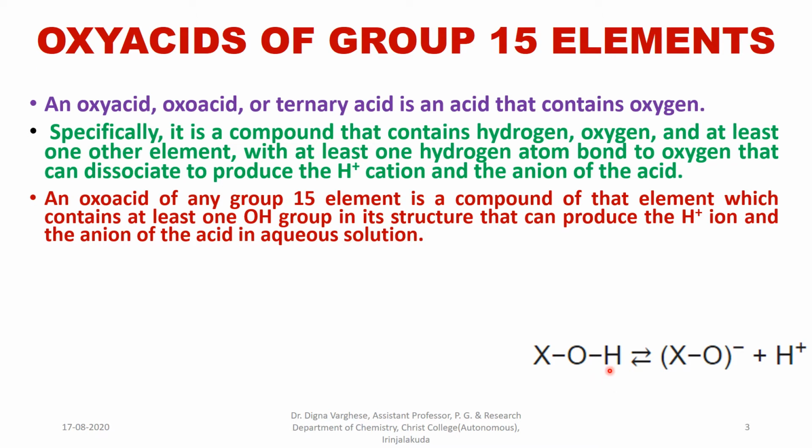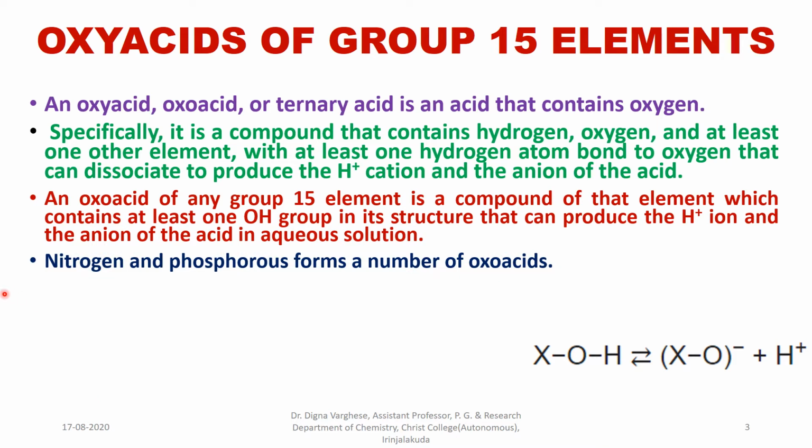In that compound, one hydrogen should be attached to the oxygen atom. That is, any oxoacid should contain at least one OH group in its structure that can produce the H plus ion when taken in a solvent or in an aqueous solution, and the other part is the anionic part of the acid.